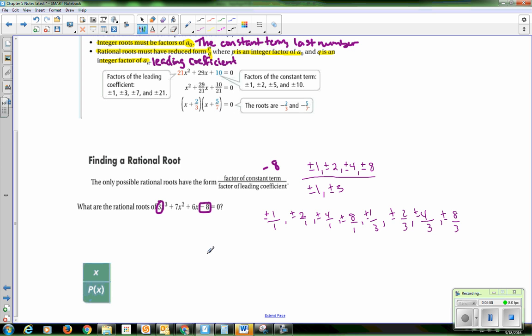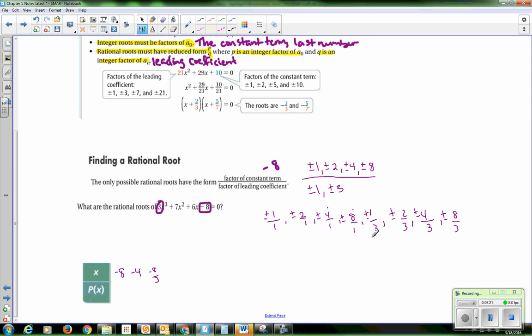Let's list them from smallest to largest. Negative 8 is my smallest. Then we got negative 4. Then 3 goes into 8, so negative 8/3.